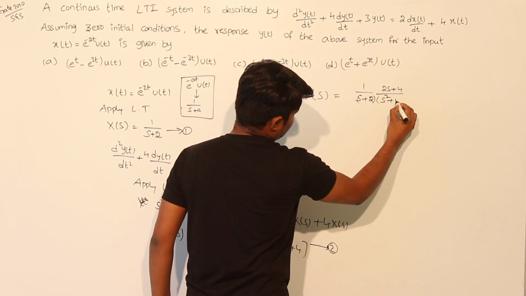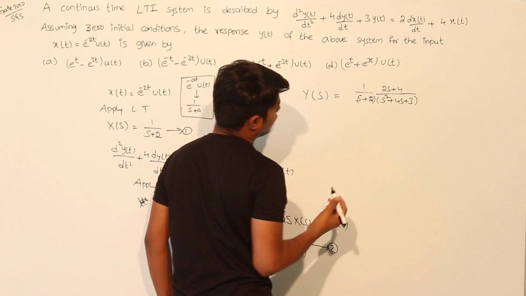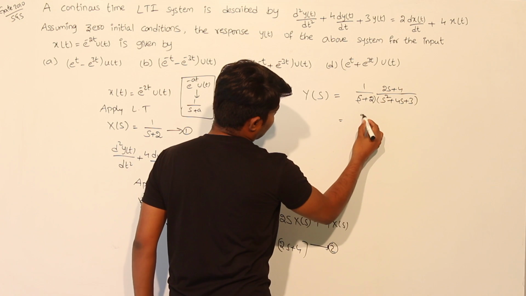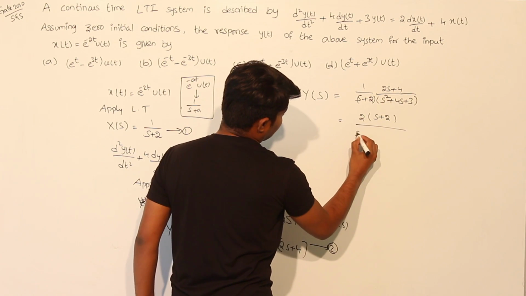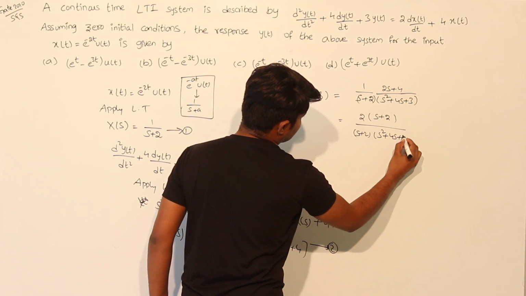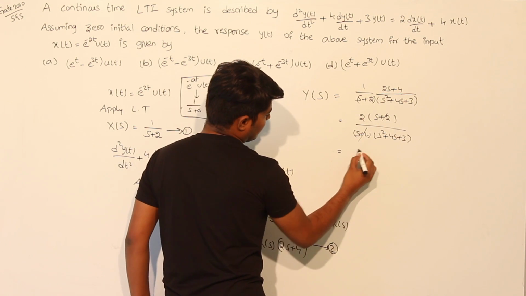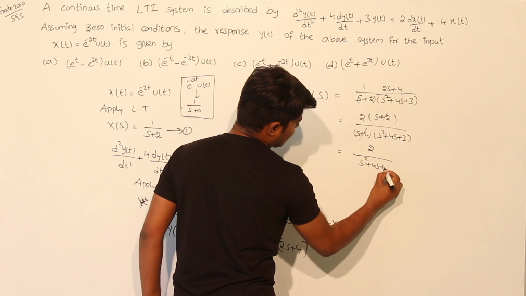Now if you take 2 common in the numerator, this will become 2 into s plus 2 by s plus 2 into s square plus 4s plus 3. Okay, s plus 2 cancels. This will be equal to 2 by s square plus 4s plus 3.